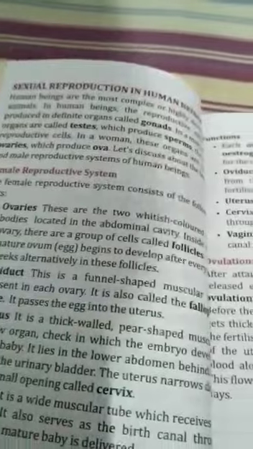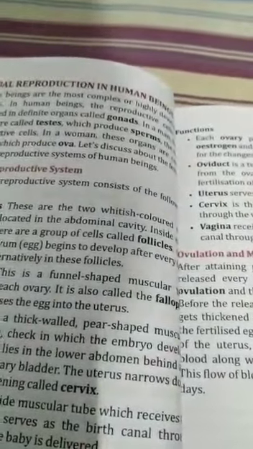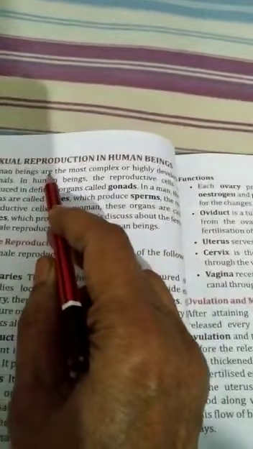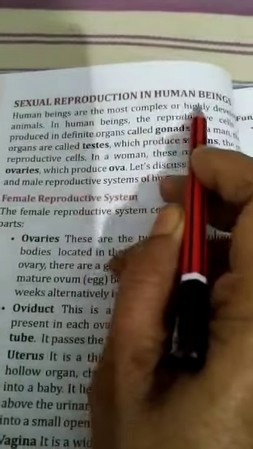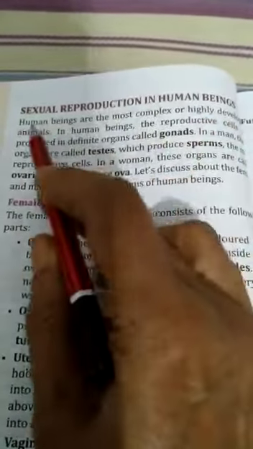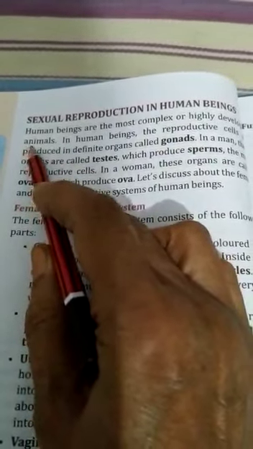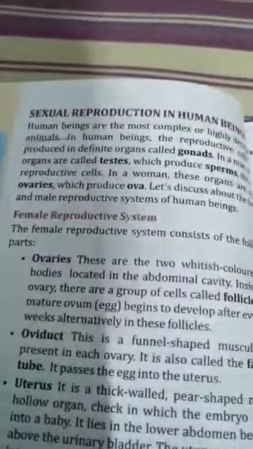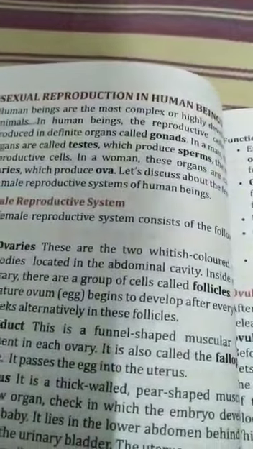Now we will see sexual reproduction in human beings. Human beings are the most complex and highly developed animals. Whatever systems we have are most complex.